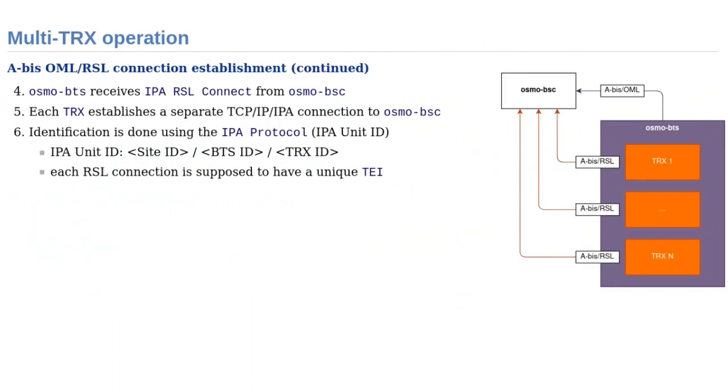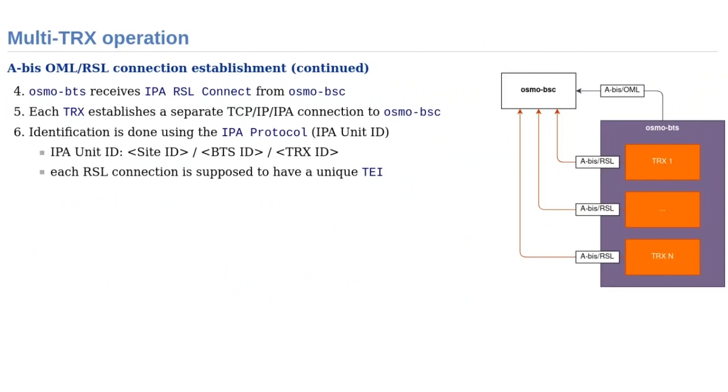So basically, Osmo BTS receives IP RSL connect from the BSC, and every transceiver then establishes a separate RSL connection. So you have a single OML connection, and as many RSL connections as you have transceivers.